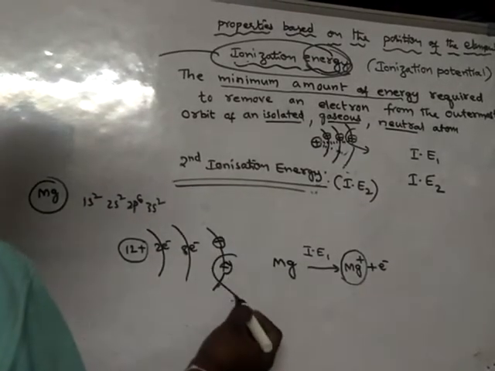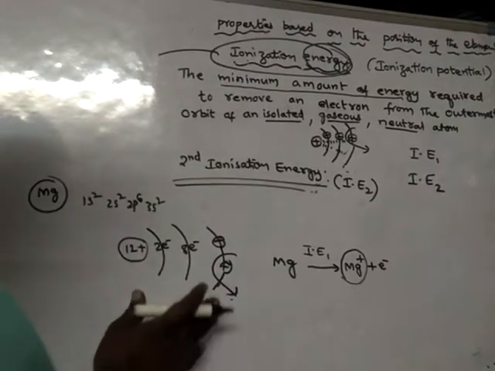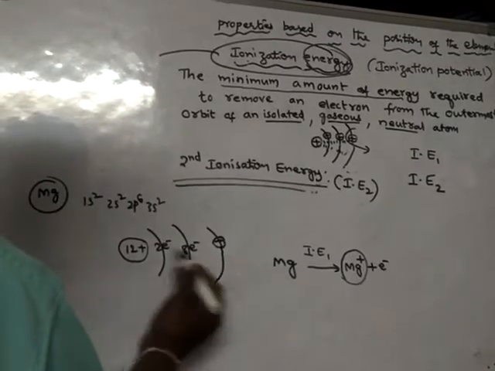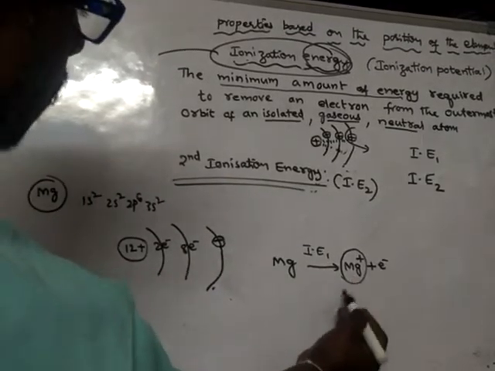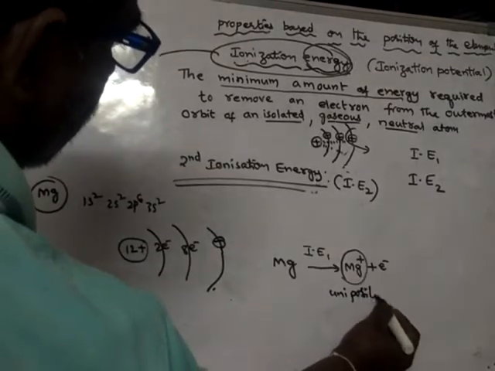I have spent some energy and taken that electron outside of the atom. After taking out that electron, the thing which is left over is a unipositive ion.